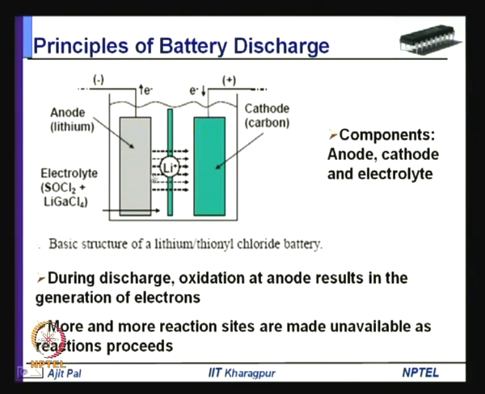And whenever you draw more and more current, more and more reaction sites are made unavailable as the reaction proceeds. As electrons flow, these reaction sites get covered by some material, and those surfaces become unavailable, and that is the reason why gradually lesser and lesser surface area is available, and lesser current can be supplied by the battery after the initial charging.